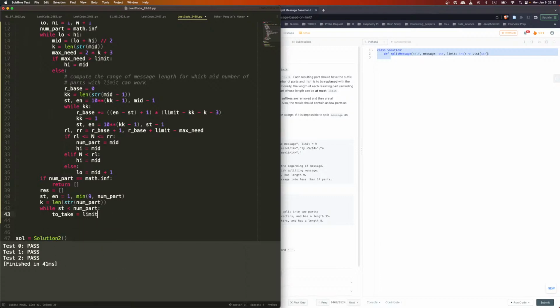That should be limit minus len str start minus k. Let's just do this so we don't really worry. Right, this minus this minus this, then minus 3. That's the number we can take.